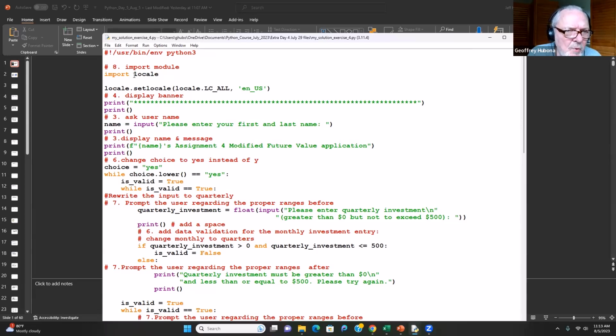We're importing the locale module. First thing you have to do is tell the locale module what locale you're talking about. So that's what this first piece does. It just tells it that any formatting commands that I invoke later in my code, I want this locale. I want it to be US and I want it to be English.